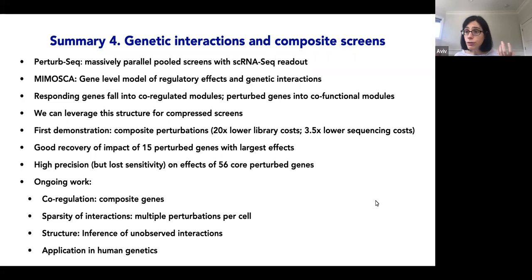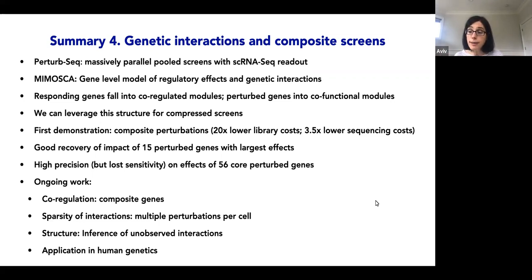I showed you 2 different aspects that we're pursuing. I showed you a quick glimpse into composite perturbations, which reduces the costs and increases the scale of the experiment, and I also showed you using multiple perturbations per cell and the structure from those in order to infer unobserved interactions. And there's more along those lines in both of these approaches.